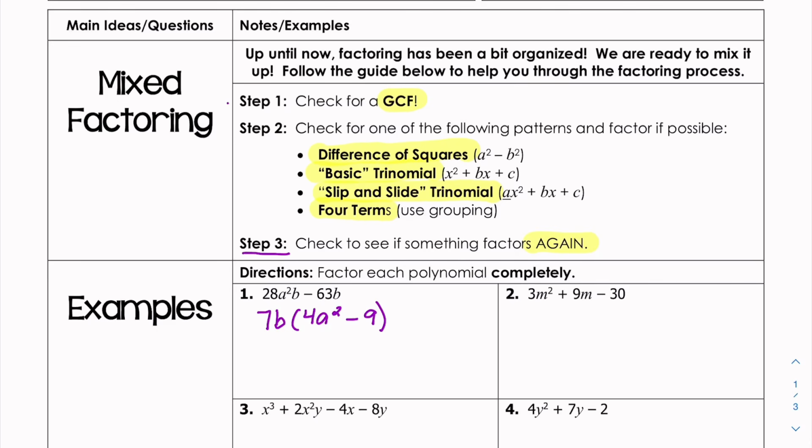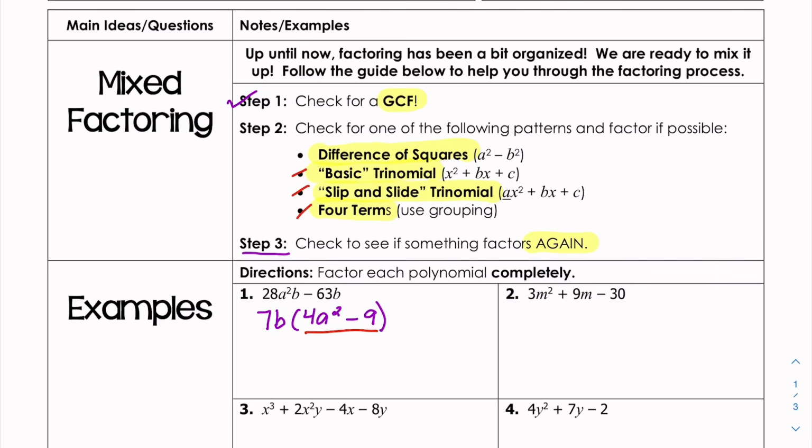Okay, so we've done step 1 on this problem. Step 2, check for one of the following patterns and factor it if possible. I'm going to switch this and underline it in red. We've got to take a look at what we had left over, 4a squared minus 9. We definitely know it's not a trinomial, since trinomials are 3 terms and this is 2 terms.